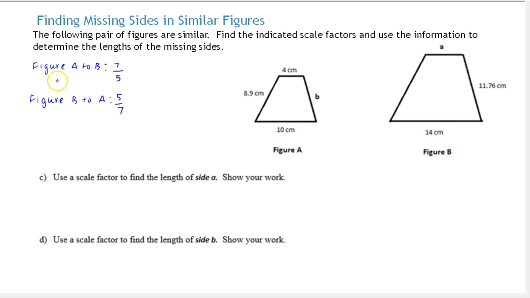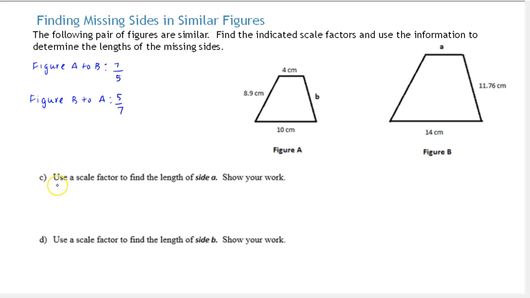Now we're going to use this information, so I put our scale factors up here. To scale from figure A to figure B, we'd multiply a side by 7/5, and to go from figure B to figure A, we'd multiply by the scale factor of 5/7.